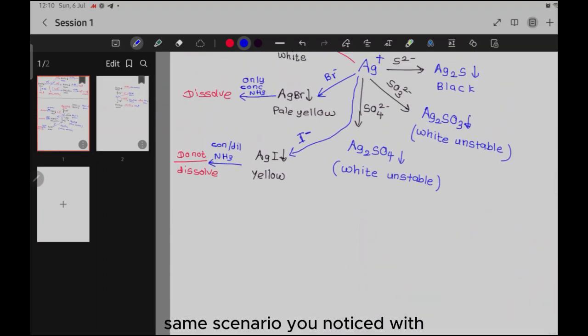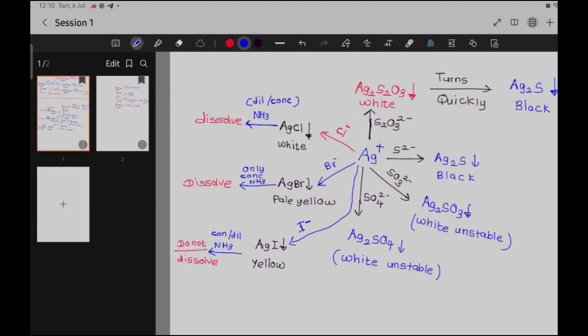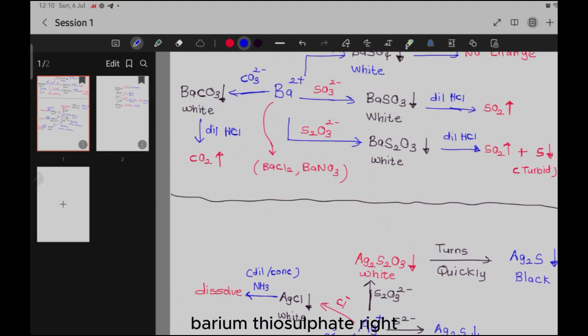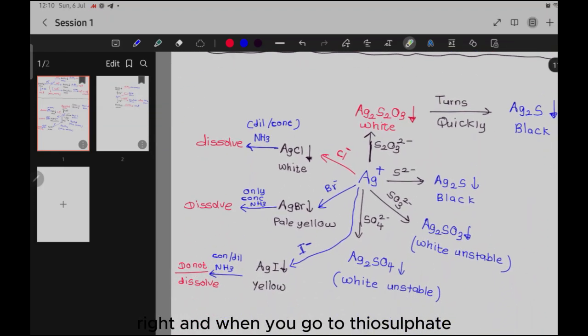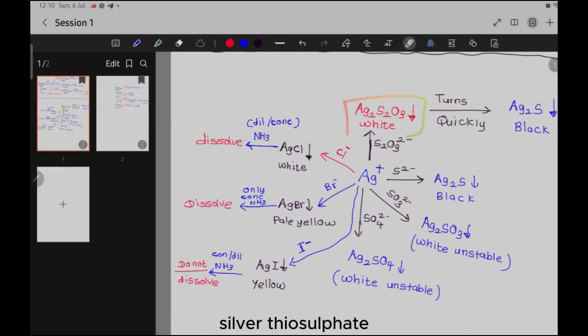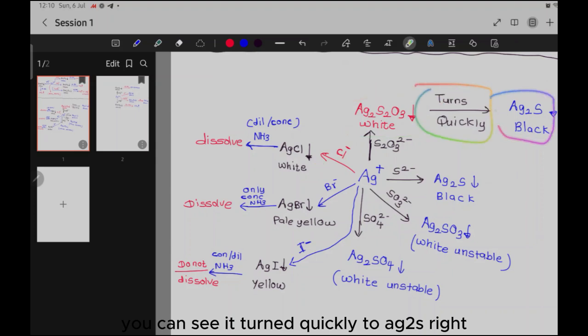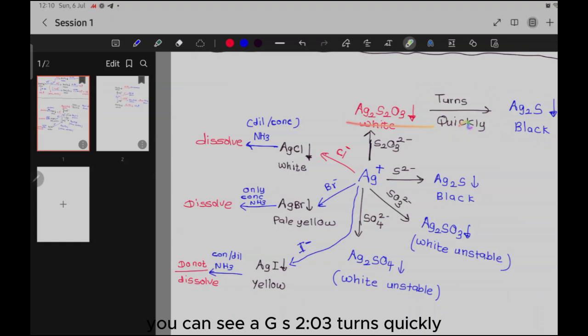Same scenario you noticed with barium thiosulfate: you got a white precipitate, and when you add HCl, you got SO2 and sulfur. And when you go to silver thiosulfate, you can see AgS2O3 turns quickly to Ag2S.